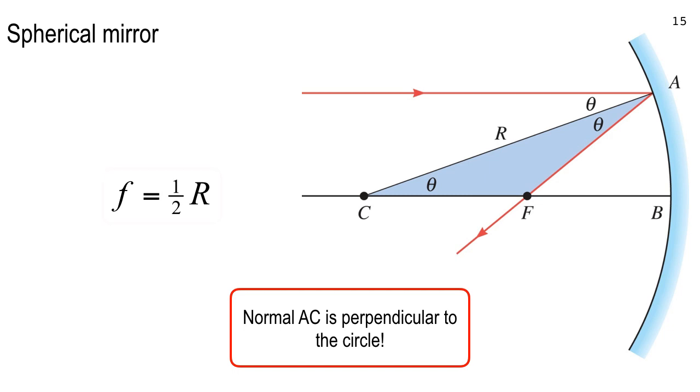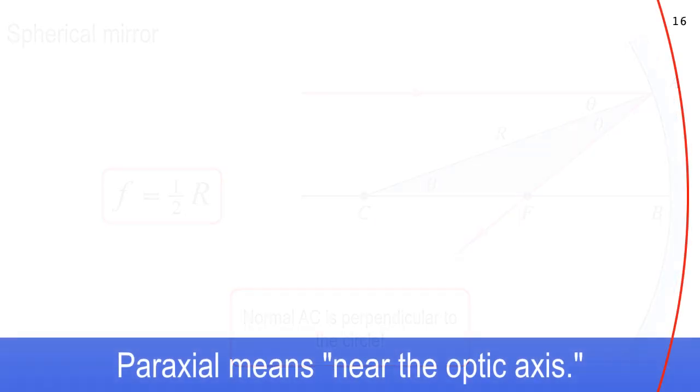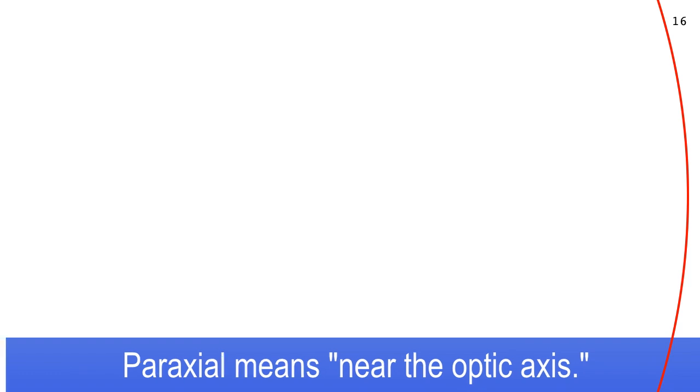We're going to do some calculations with that in just a few minutes. But now here's another animation that I made up. Paraxial means near the optical axis. Over there on the right, you can see part of a spherical surface. That's a pretty big radius.